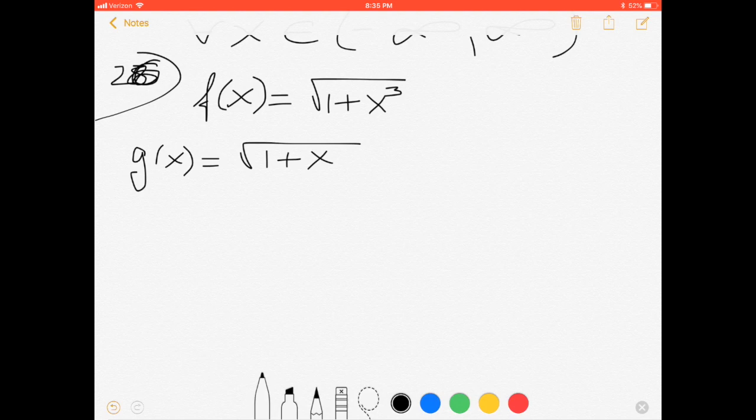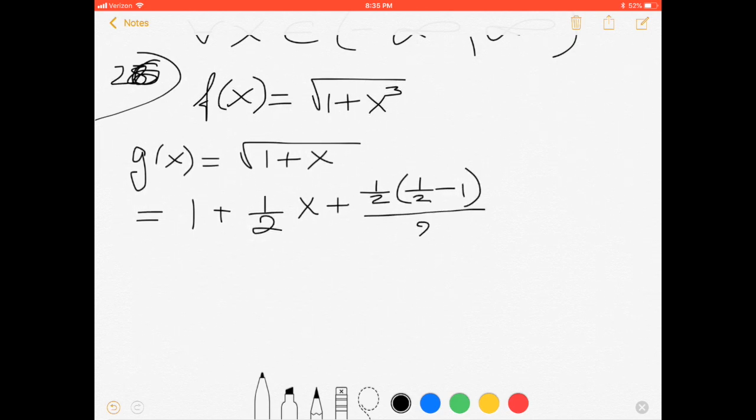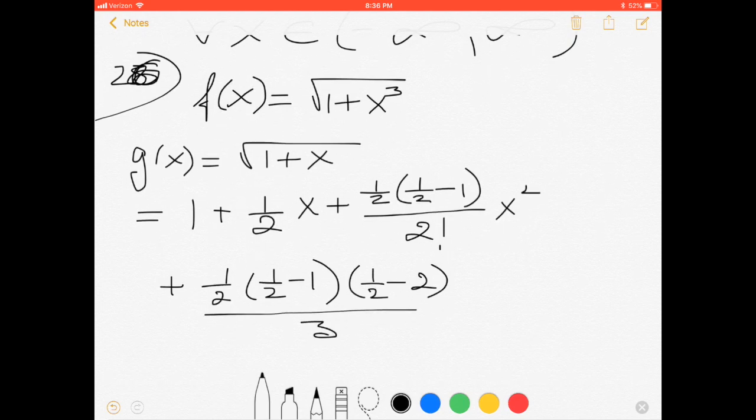The binomial series gives us 1 plus 1/2 x plus 1/2 times (1/2 minus 1) over 2 factorial x squared, then plus 1/2 times (1/2 minus 1), then times (1/2 minus 2) over 3 factorial x to the cube, and continue.